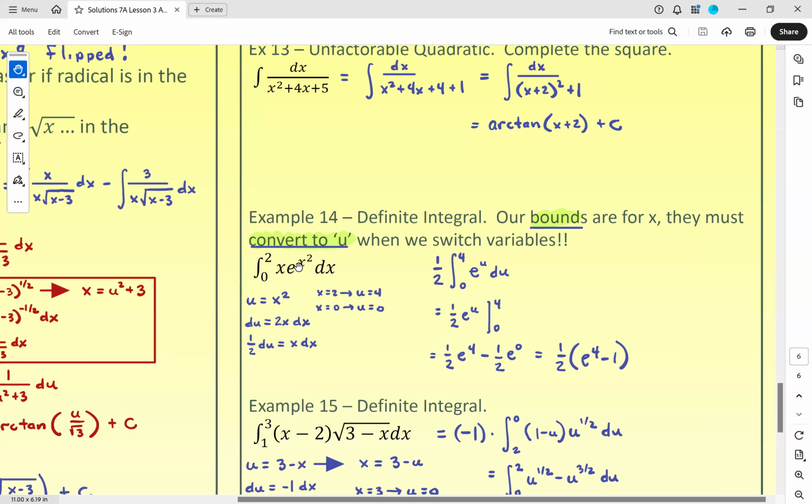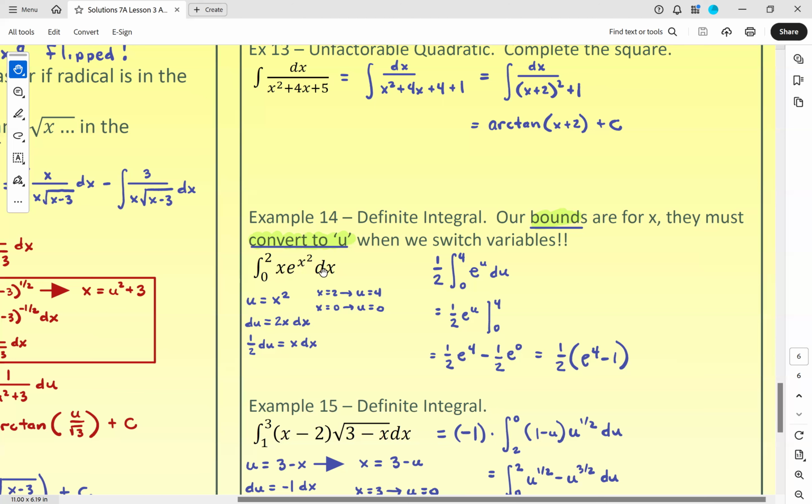In this problem here, we see the obvious candidate for u would be the x squared. Du becomes 2x dx. I like to get the x dx by itself because that's what I'm actually seeing in the original question.